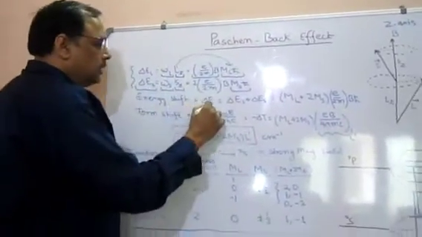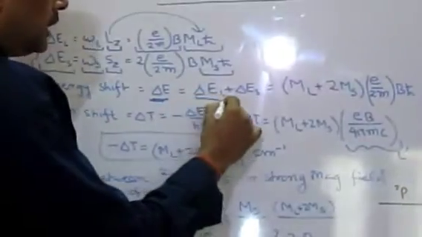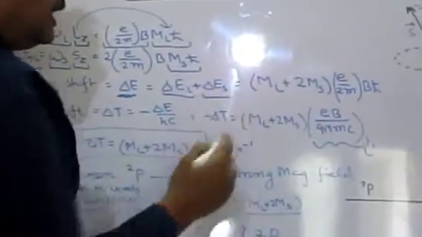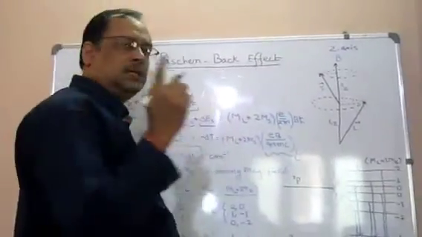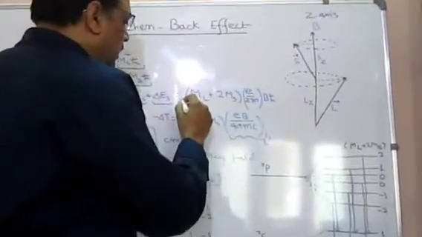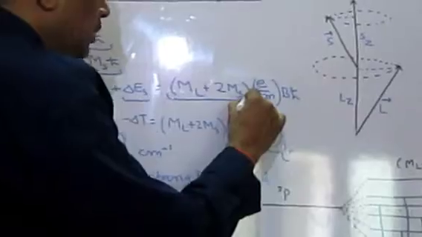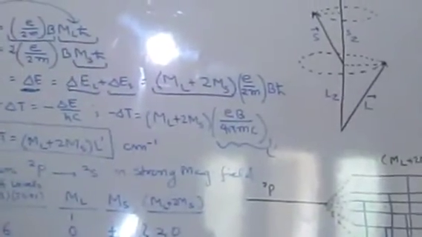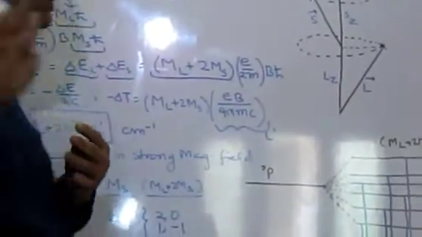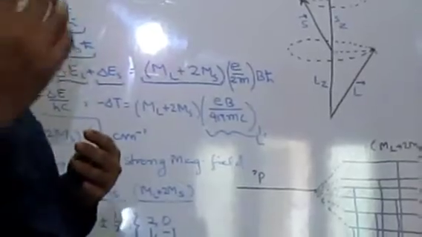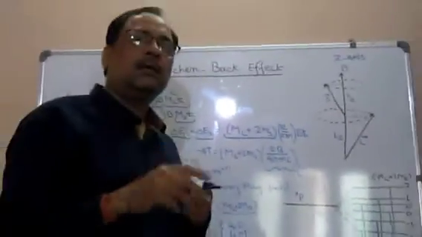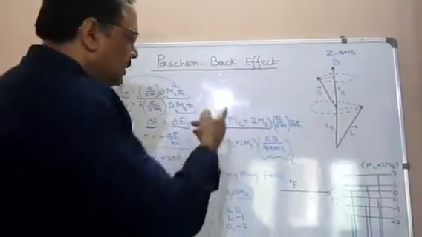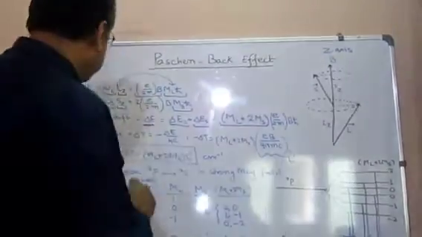We take delta E, which will be delta EL plus delta ES, and here you can compare with the anomalous Zeeman effect that we are getting a different term, which is ML plus 2 MS. If you remember, in the anomalous Zeeman effect we get the Lande factor g and we get Mj. So this one is different from that one.